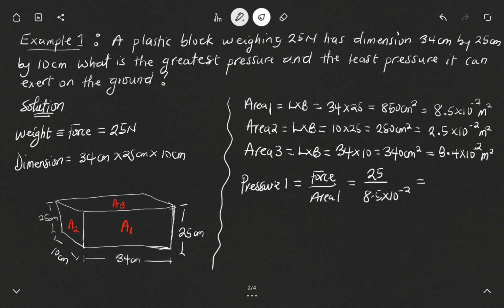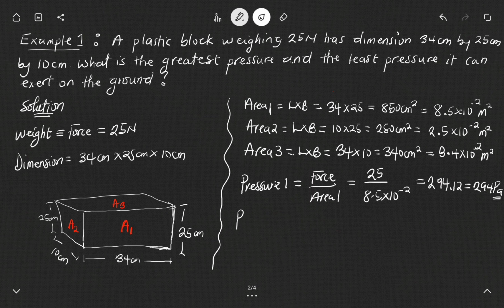If we compute this on our calculator, we get 294.12, which to the nearest whole number is 294 Pascal. So the unit for measuring pressure is Pascal or Newton per meter squared. So our answer over here is 294 Pascal.